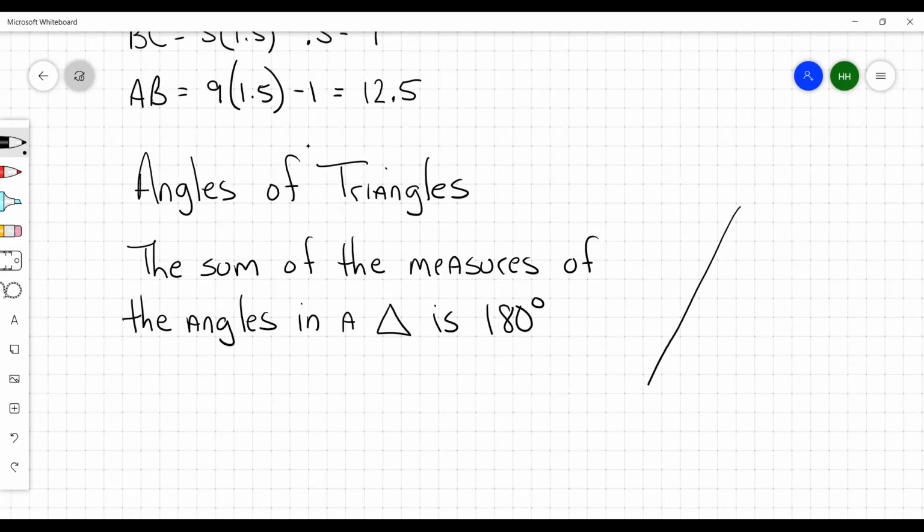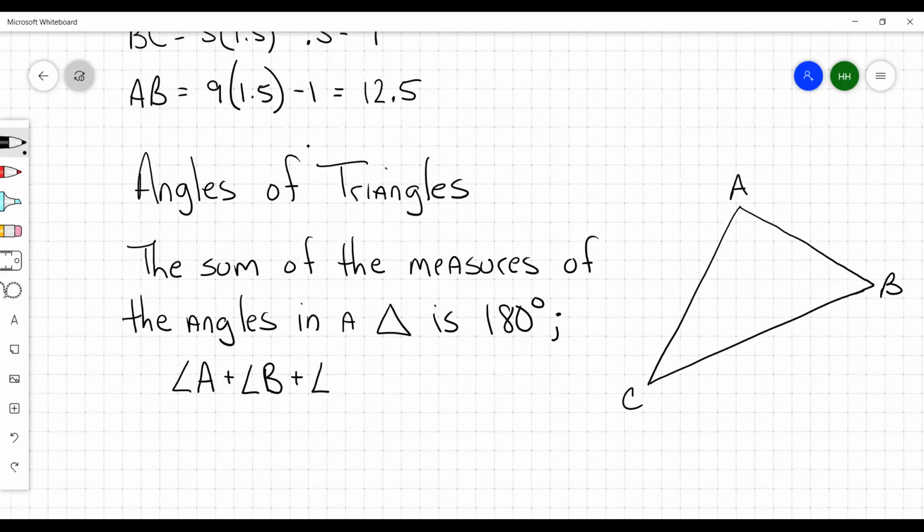So for any triangle that you have, angle A plus angle B plus angle C always equals 180. The 3 angles in a triangle sum 180.